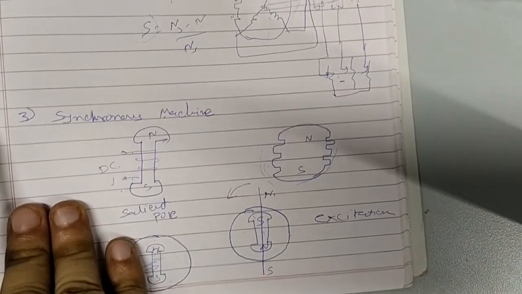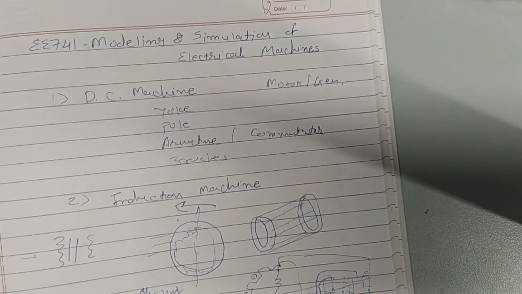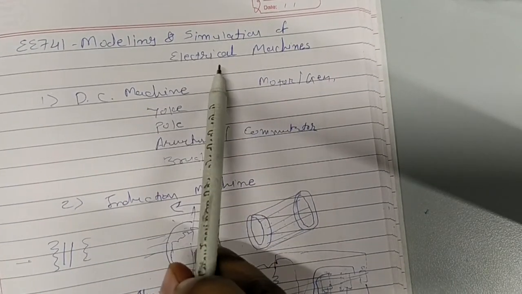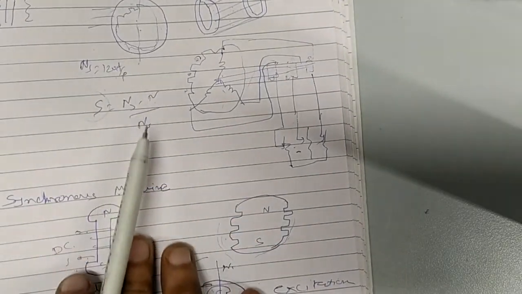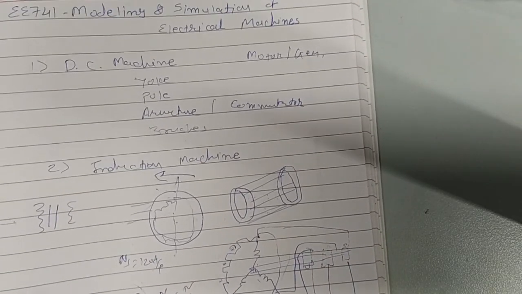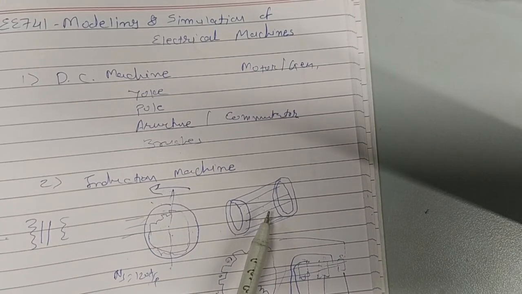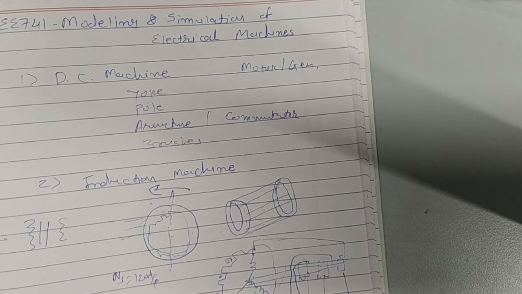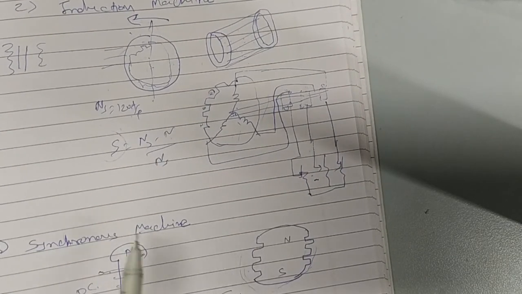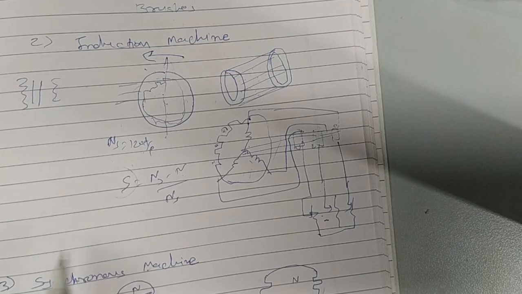Now, why do we need to study the modeling and simulation of an electrical machine, particularly a rotating machine? Presently, in renewable energy sources, specifically windmill power generators, they make use of an induction generator.